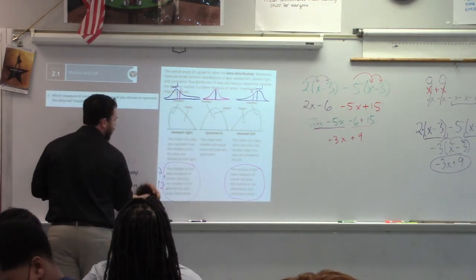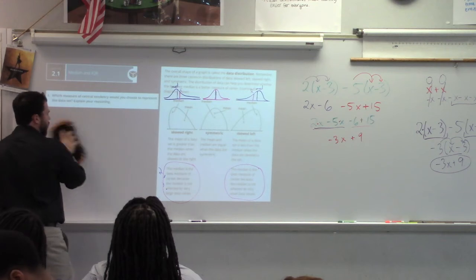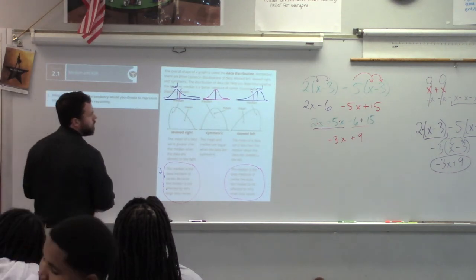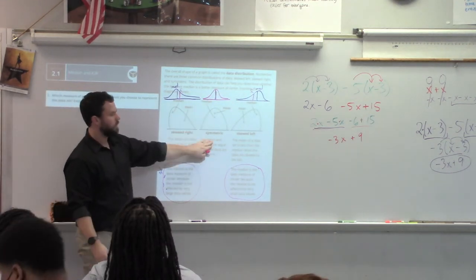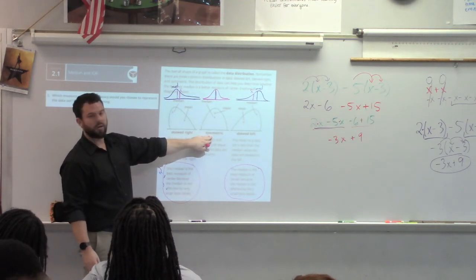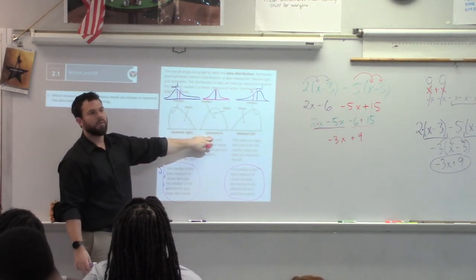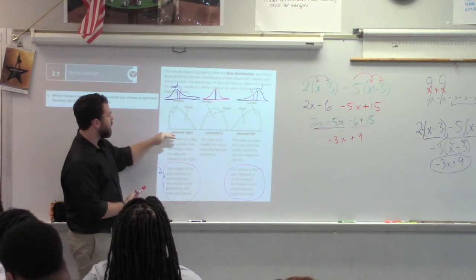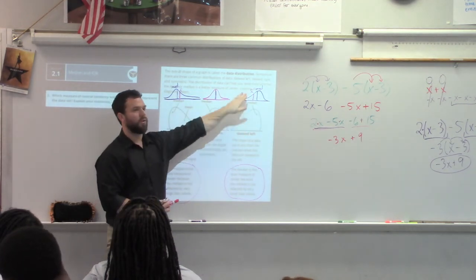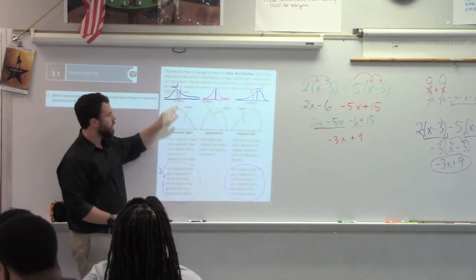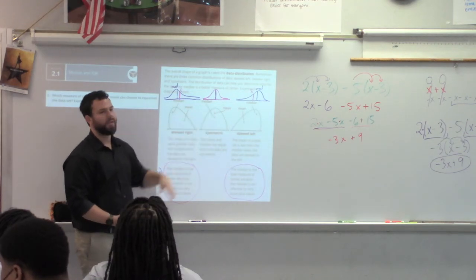And so we need to be aware of that. So when are we going to use the mean? When it is in the middle. What's the term? Symmetrical. We want to recognize that when the data is skewed, we prefer the median. And when the data is symmetrical, we use the mean.